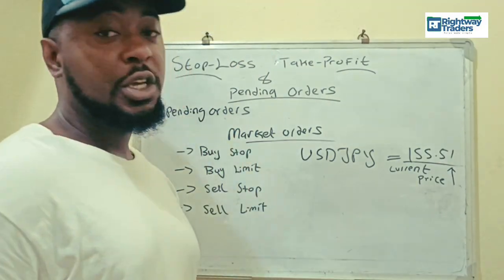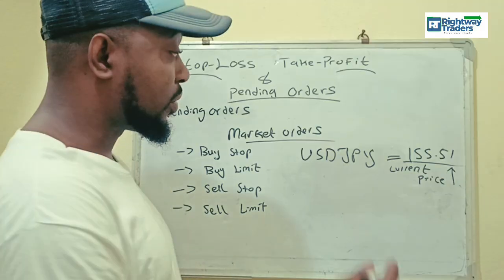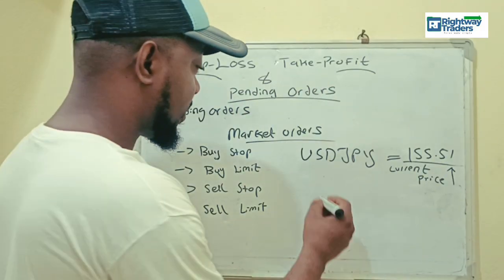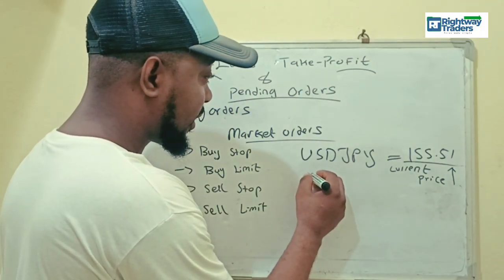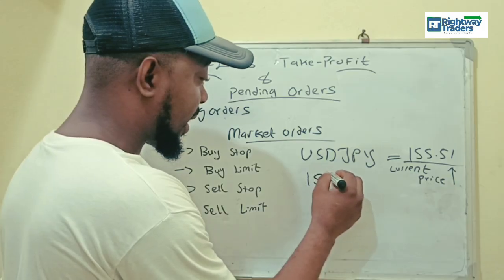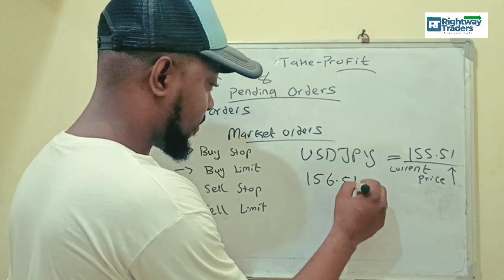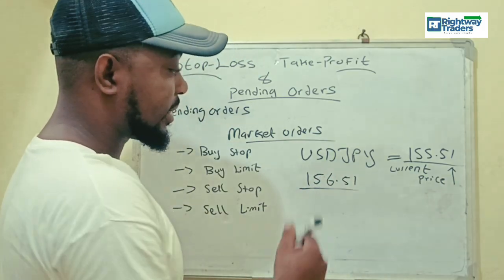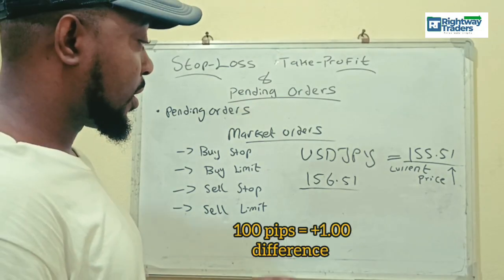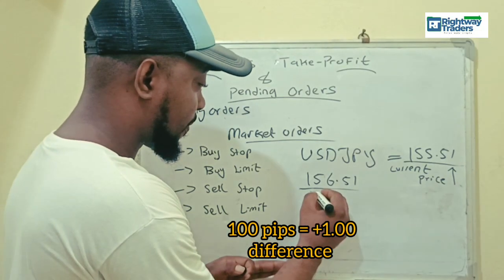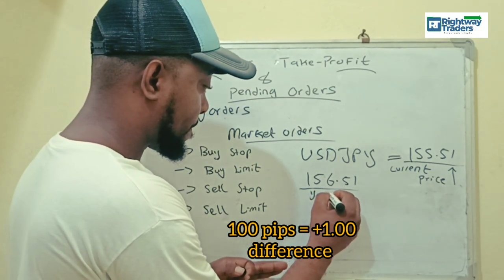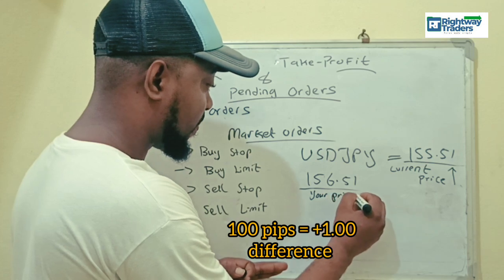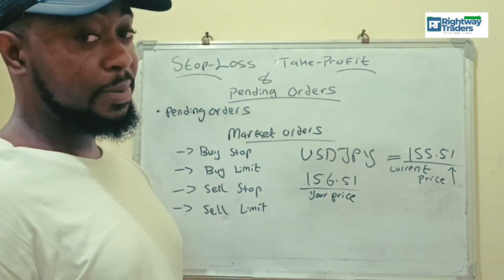Let's say you want to buy, but you want to buy at a higher price. Let's say your strategy gave you an entry to buy at 155.61, just about 10 pips difference. This is where you want to buy your price, but this is the current price.